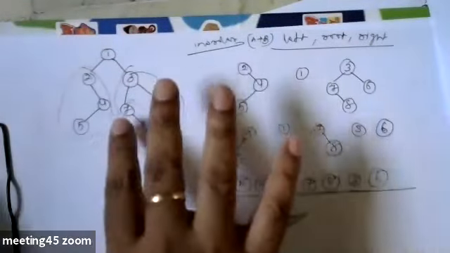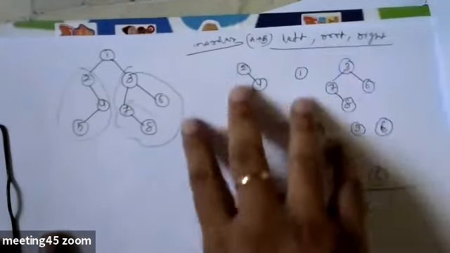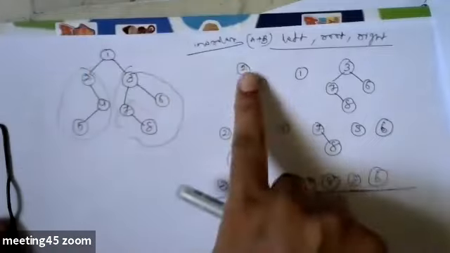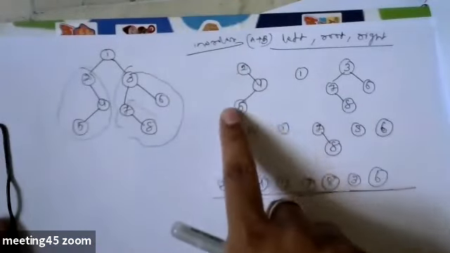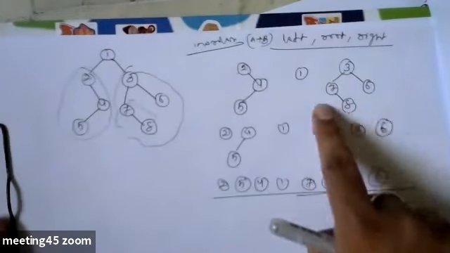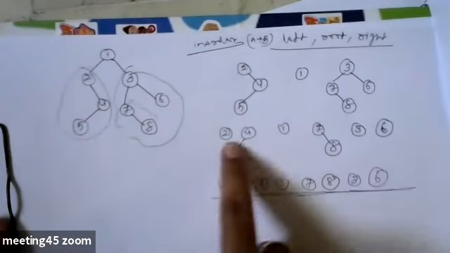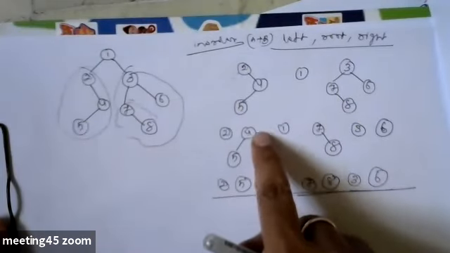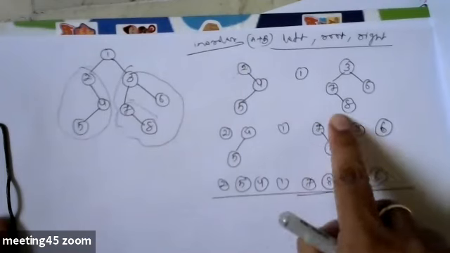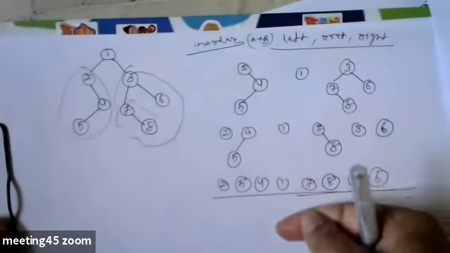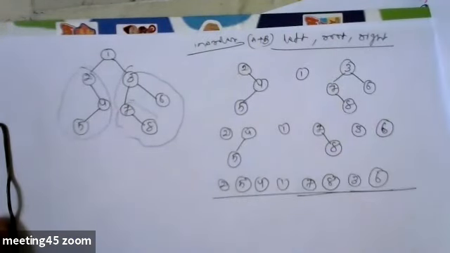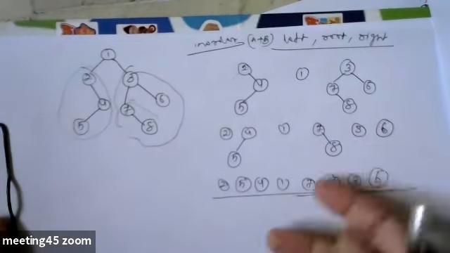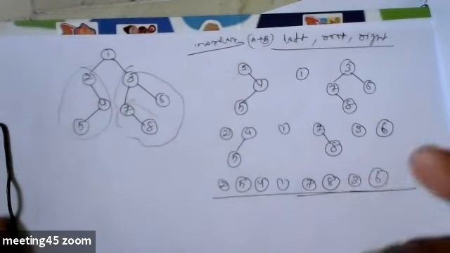Just wait for some time. How does it look like a recursion? You can just see like this. Here also, I divided into 3 parts. Again, apply the same in-order here. Again, apply the same in-order here. Again, it will be distributed to this. Again, I apply the in-order here, in-order here. Means at every step when you are going down, you are calling the same in-order function. Indirectly, it is going in an in-order manner.